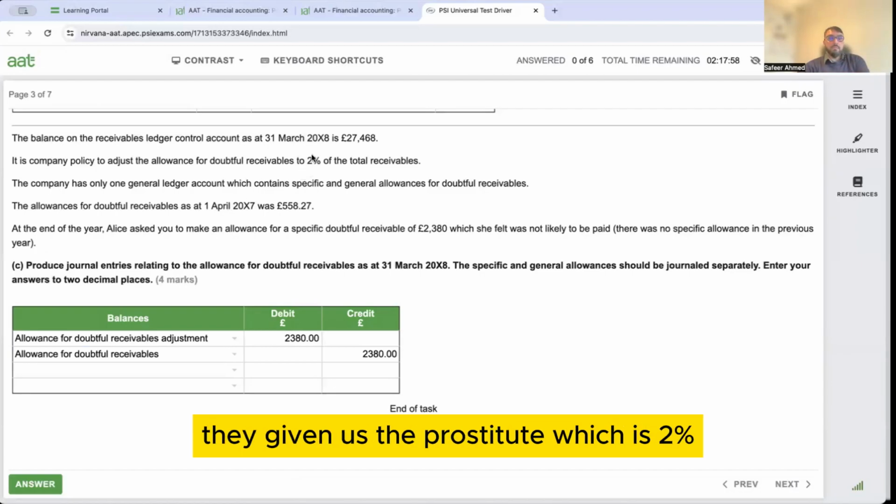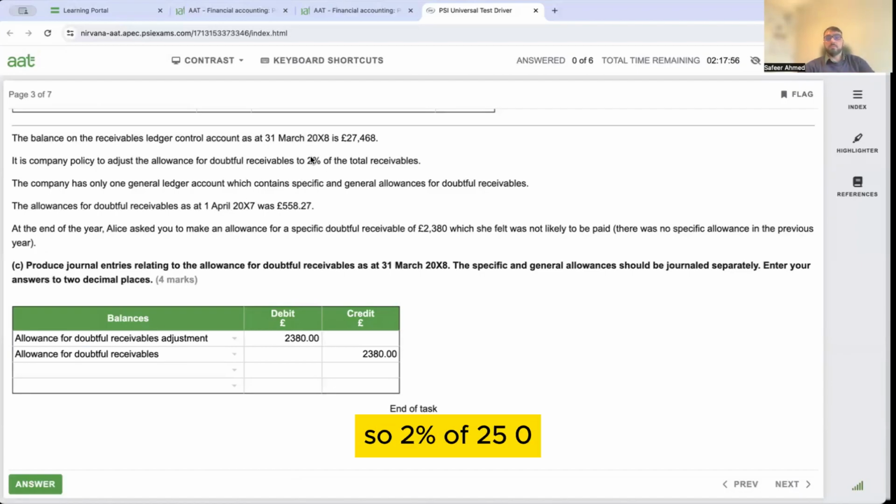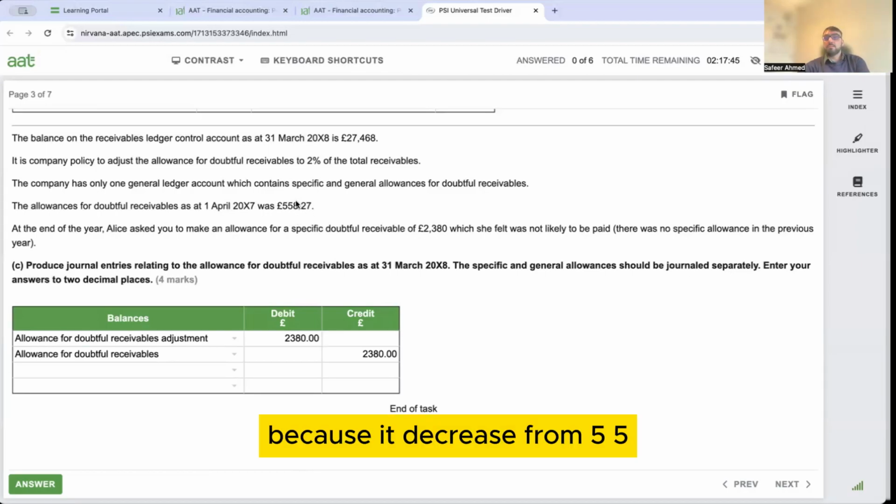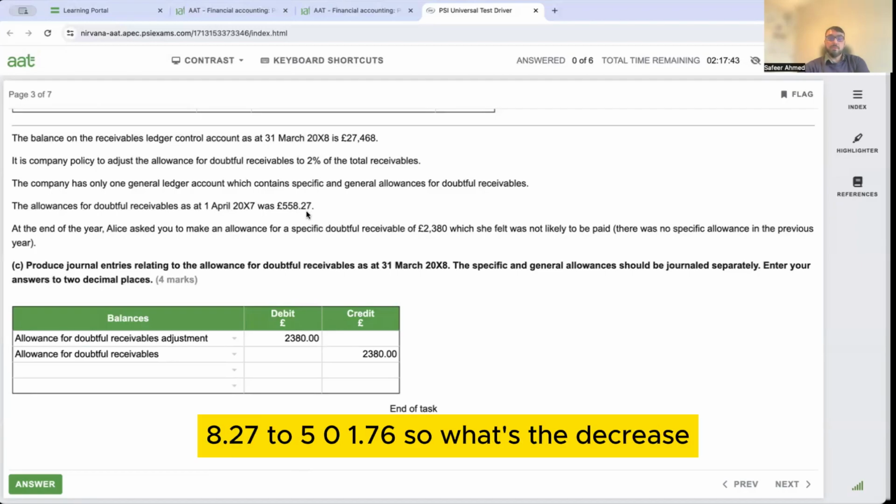So the percentage at the end of the year will be based on that. At the end of the year, they've given us the percentage, which is 2%. So 2% of 25,088 gives you 501.76. So you can clearly see that it has decreased, because it went from 558.27 to 501.76.